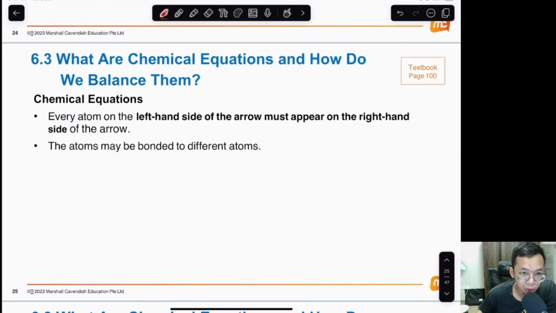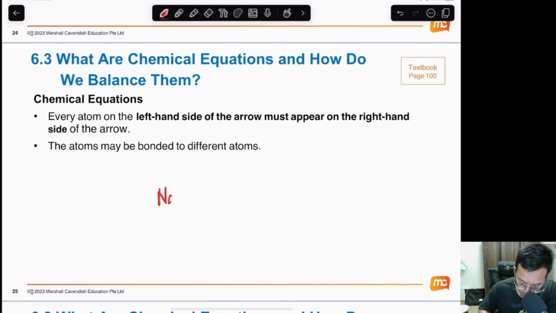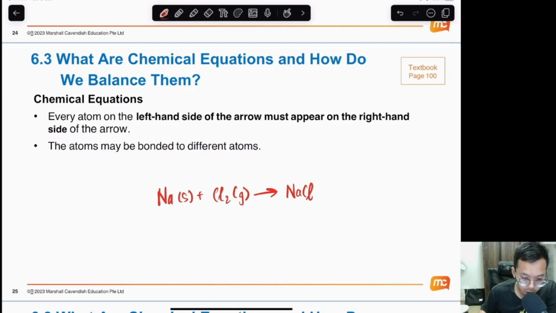Take note, every atom on the left hand side of the arrow must appear on the right hand side of the arrow. Just to repeat it again, sodium plus chlorine gas gives you sodium chloride. I'm going to teach you a new method.